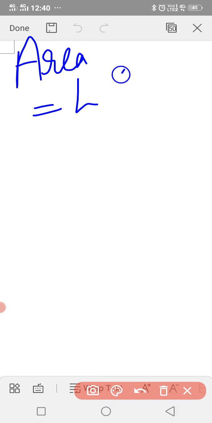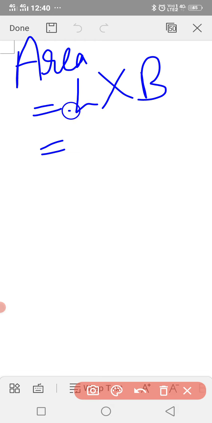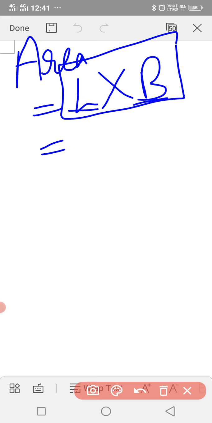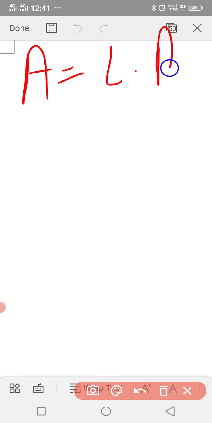We know that area, which you have studied from lower standards, is length into breadth. But dear students, length and breadth are both just types of distances, is it or not? Whether you are talking about length or breadth, both are distances.